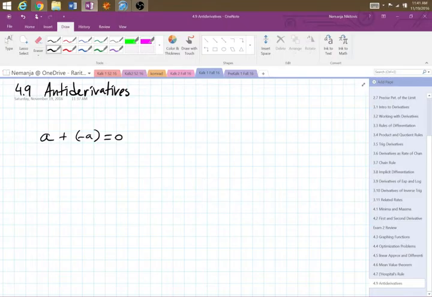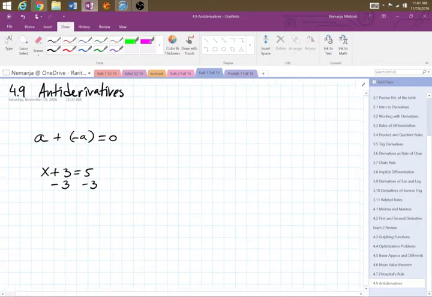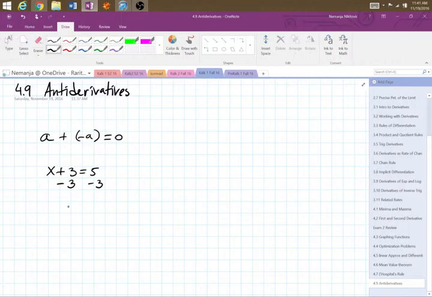You also know that there are pairs of opposite operations. If you have, let's say, x plus 3 equals 5, you subtract 3 from both sides because of addition and subtraction, right? So they add to 0, and you are able to solve this equation and get x equals 2.